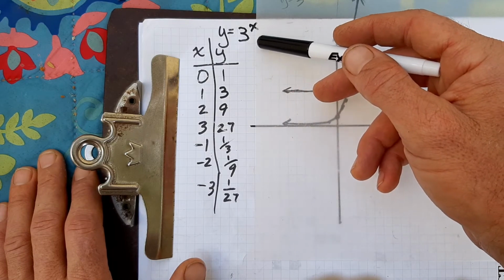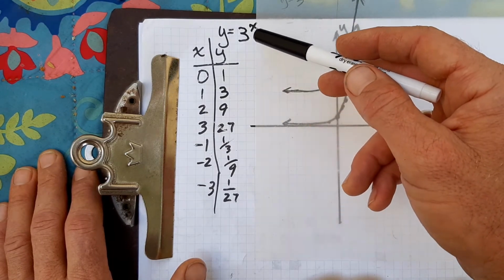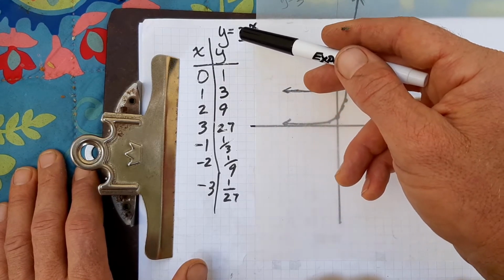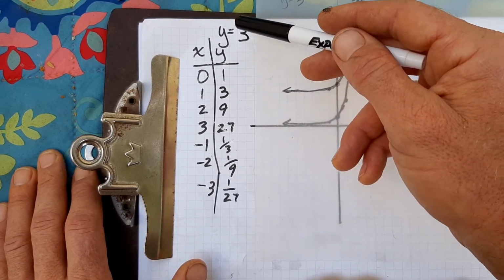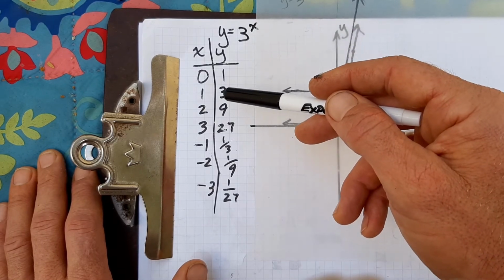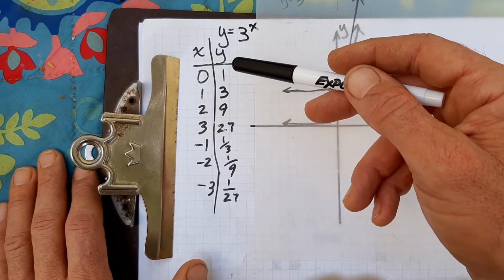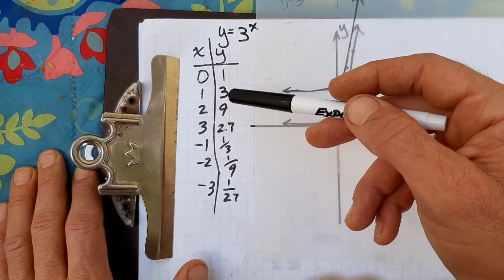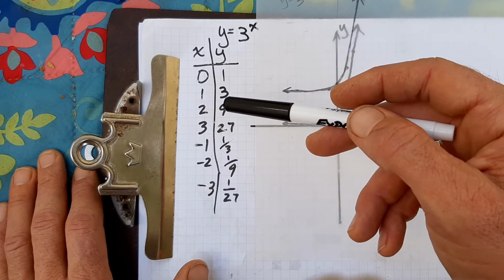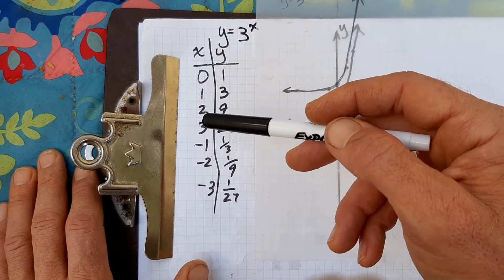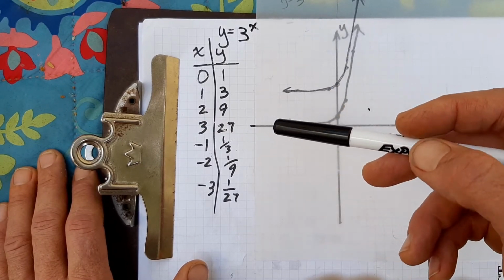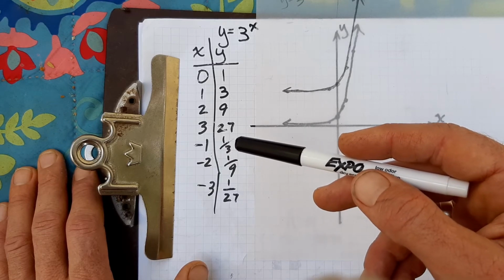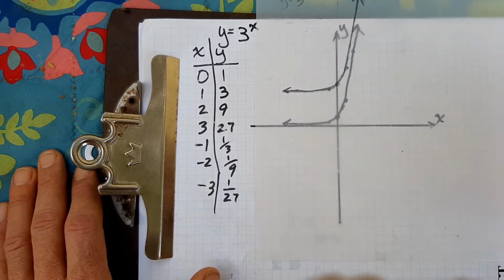Well, if I just add 4 on top of that, then every answer I get, once I put in my x, the outcome over here would be 4 greater than each one of these. So I'd have 0, 5, 1, 7, 2, 13, 3, 31, right? Negative 1, 4 and 1/3, okay? So that's how we would move it up.